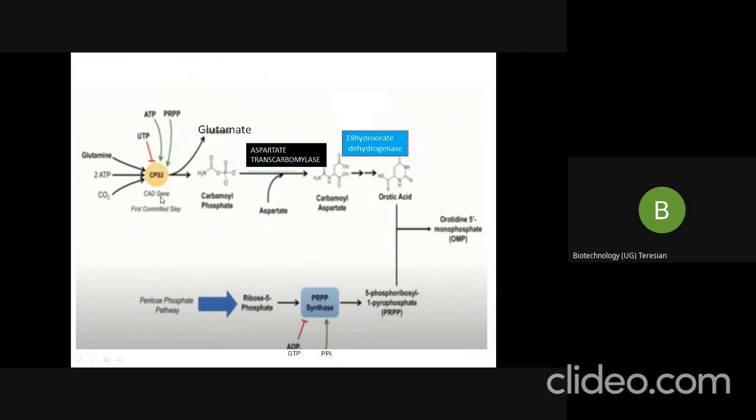How? By the enzyme carbamoyl phosphate synthase. So it is an enzymatic process. And also you see that the glutamine is converted to glutamate. That is, the glutamine is giving away its amino group and getting converted to glutamate.